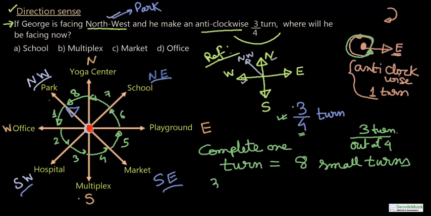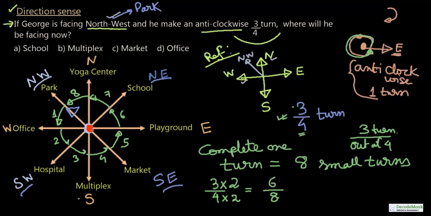So 3 by 4, as we are considering 8 small turns, we have to convert this into a fraction having denominator 8. So from 4 to 8, we need to multiply the denominator by 2. Therefore 4 multiplied by 2 is 8. Similarly, for equivalency, we have to multiply the numerator by 2. So 6 by 8.